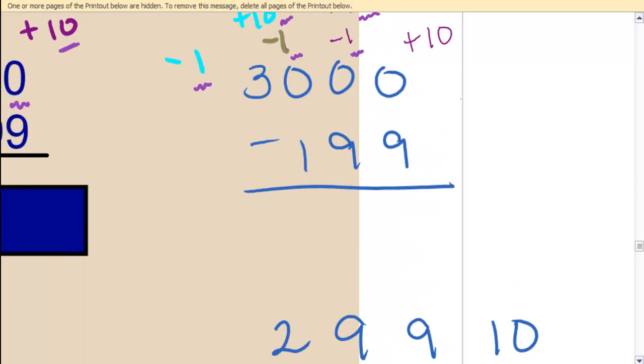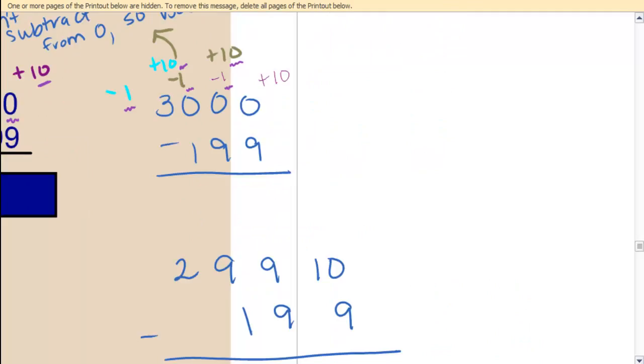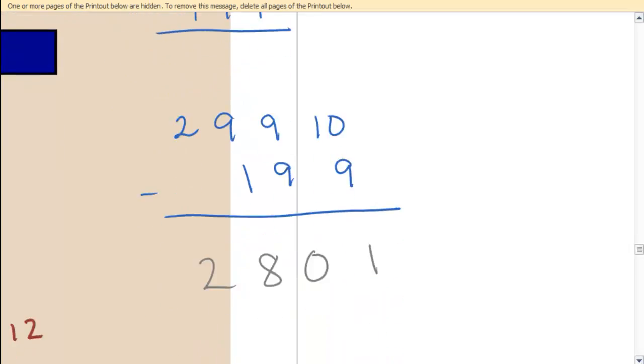We end up with a 9 in the tens place because of this 10 minus 1. We end up with a 9 in the hundreds place because of this 10 minus 1. And then we end up with a 2 in the thousands place because of the 3 minus 1. Now you can subtract, and you should end up with 2,801.